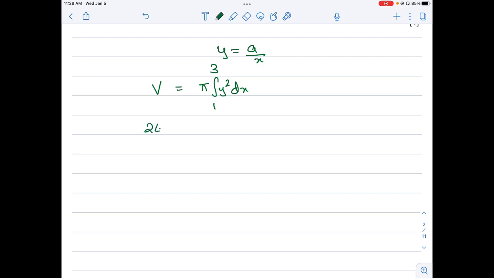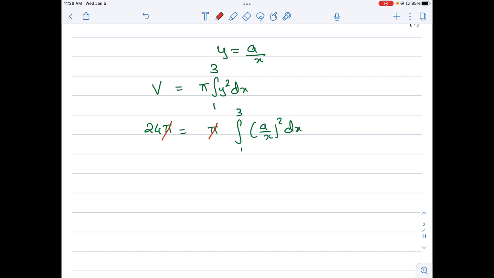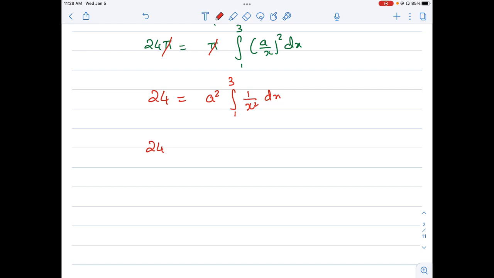So that is 24 pi equals pi times the integral from 1 to 3 of a upon x whole square dx. We can see that pi and pi get cancelled. 24 is equal to a square times the integral from 1 to 3 of 1 upon x square dx, equal to a square times the integral from 1 to 3 of x power minus 2 dx.